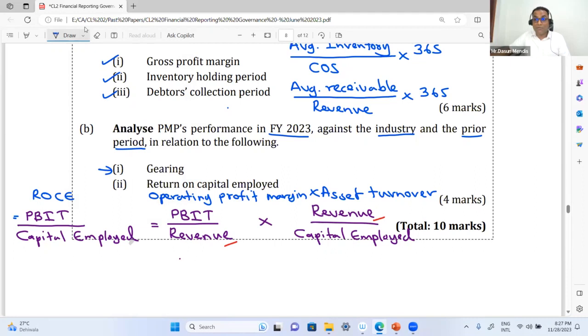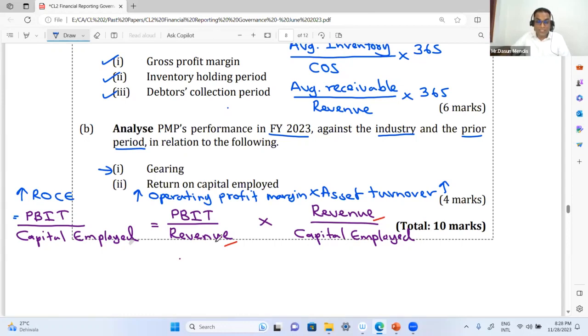So if someone asks you how to increase the ROCE, what is your simple and direct answer? You can do two things to improve ROCE: either improve your operating profit margin, or improve your asset turnover.